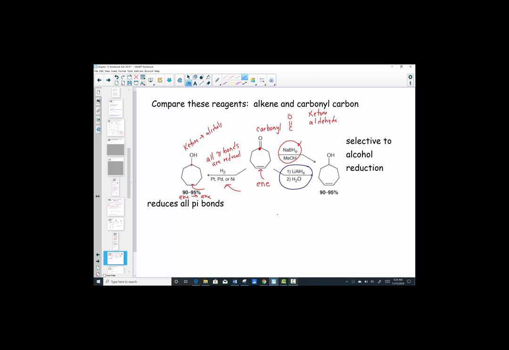Then we can have the same goal. We can reduce the ketone into an alcohol, but it does not touch the alkene. So it's a selective reagent that will reduce the ketone to the alcohol, whereas hydrogen is not selective. All pi bonds are reduced.